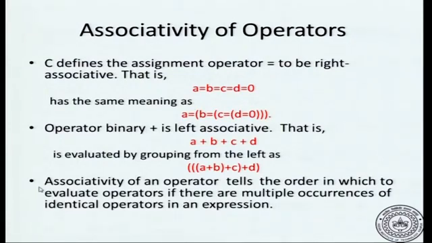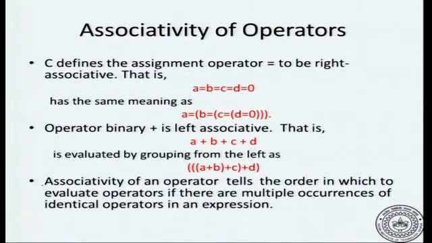So this concept of associativity of an operator tells us the order in which we evaluate the operations if there are multiple occurrences of the same operator. In the first, there are multiple occurrences of the equal to sign. In the second, there are multiple occurrences of the addition symbol.